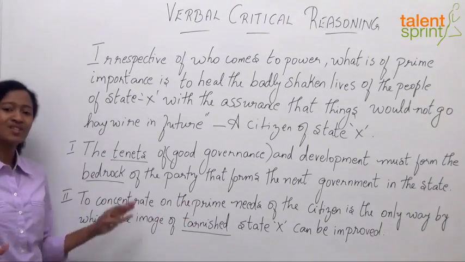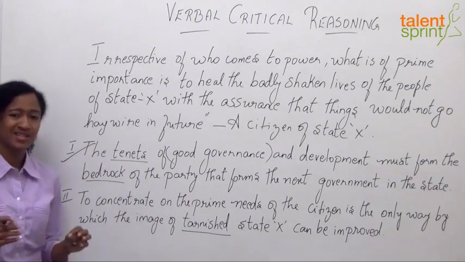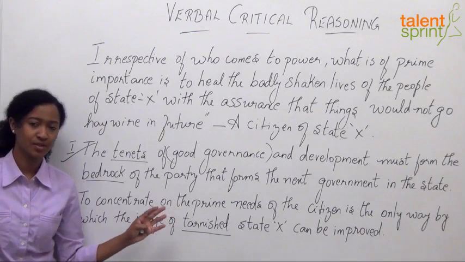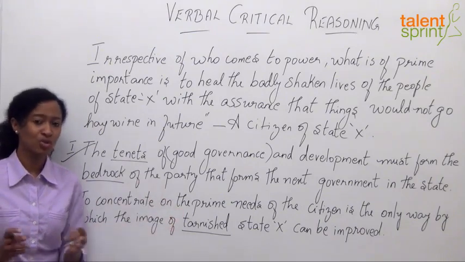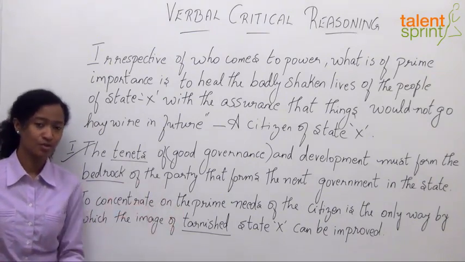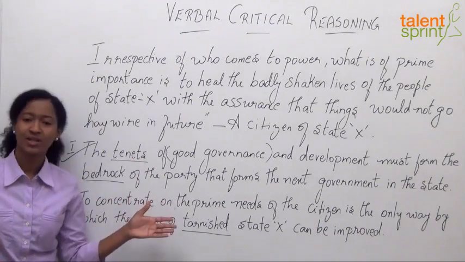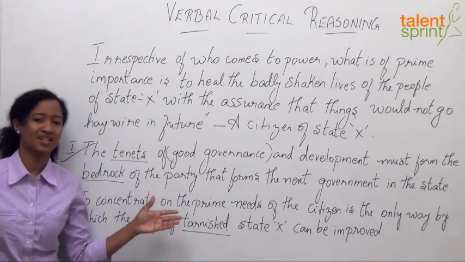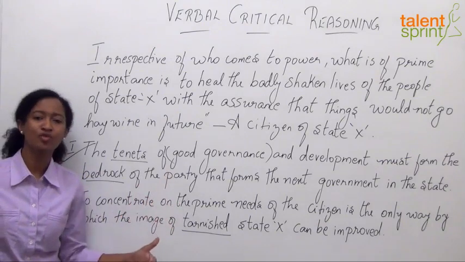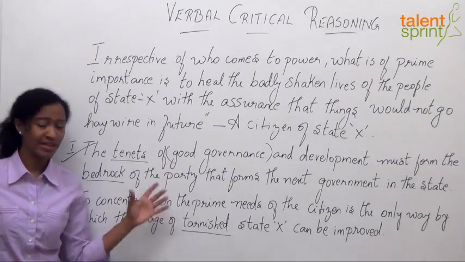So I'm going to go with assumption 1, stating this is the only assumption that is implied from the statement. So remember the 5 options. Assumption 1 is the only assumption that is implied in the statement, and all the other 4 categories do not apply here in this question.